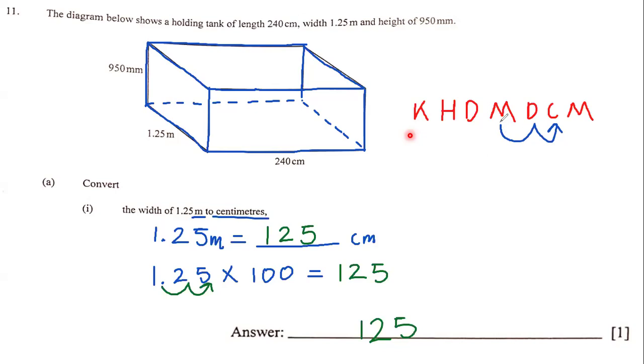Twice. Very good. So we move over 2 times to the right. That means we're going to multiply by 100, because it's twice we move over. When we move over twice, we take the decimal point and move it over twice, 1 and 2, which is the same thing as multiplying by 100. So it's 125. Does that make sense?